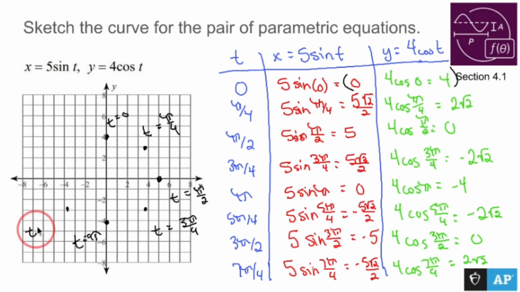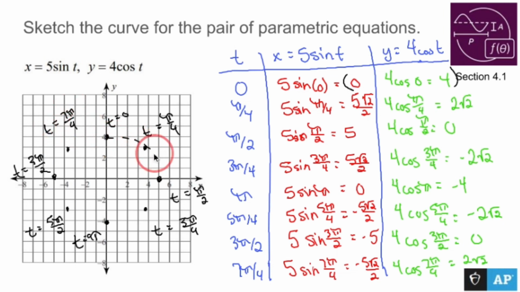And that's t equals 5 pi over 4. Then we have 3 pi over 2 is negative 5, 0. And then you kind of complete out this ellipse-looking thing that lives right around here. And that's when t is 7 pi over 4.